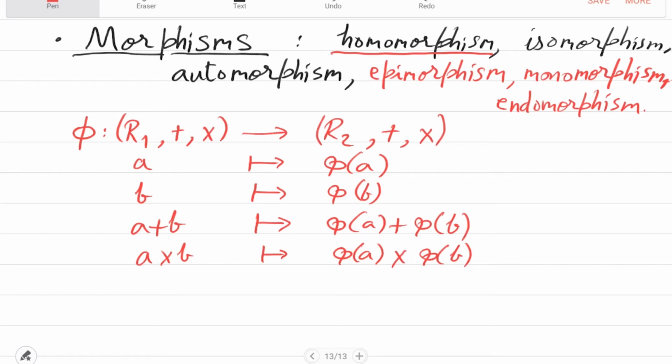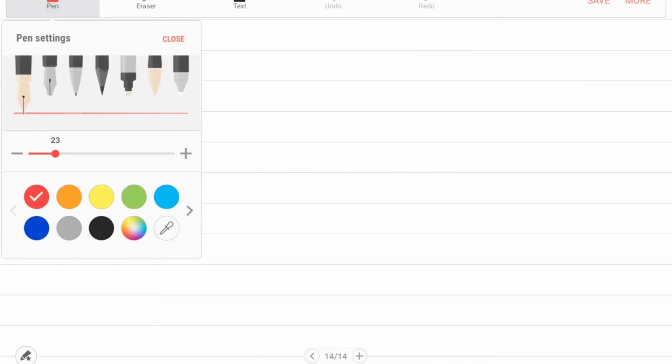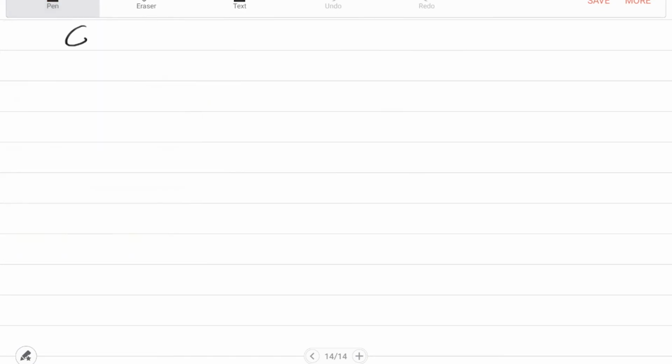And finally we will define groups. So groups are algebraic objects which are even more relaxed.